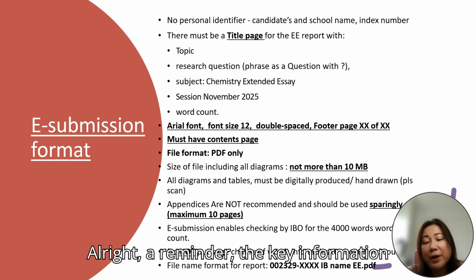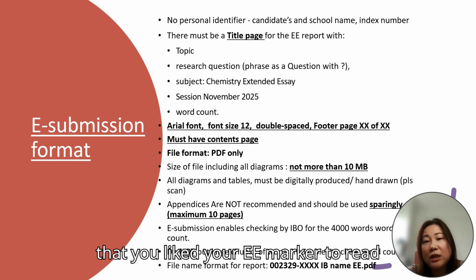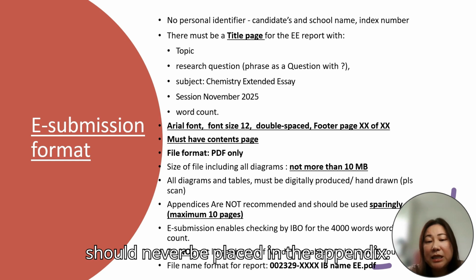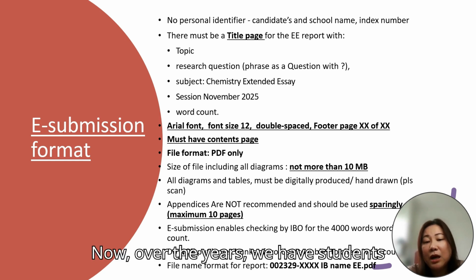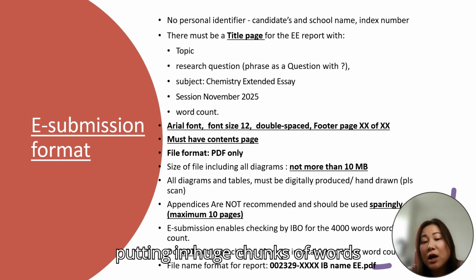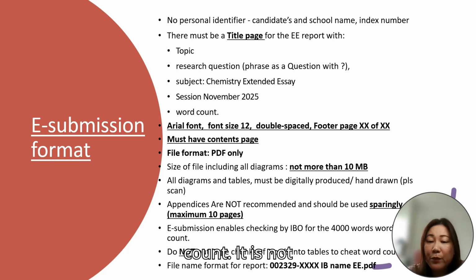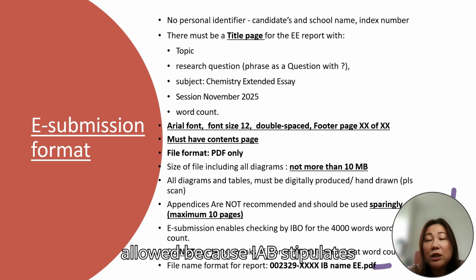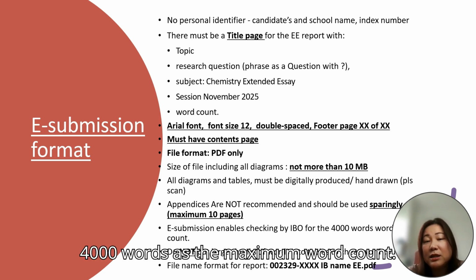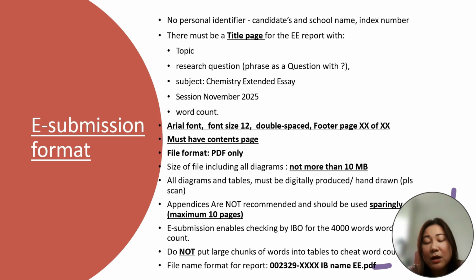All right, a reminder, the key information that you would like your EE marker to read should never be placed in the appendix. Now, over the years, we have had students putting huge chunks of words into the tables to cheat the word count. It is not allowed because IB stipulates 4,000 words as the maximum word count.